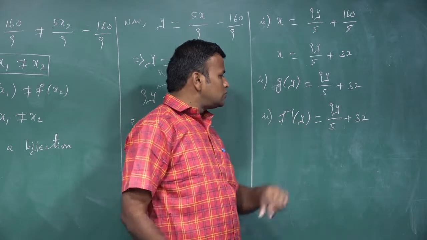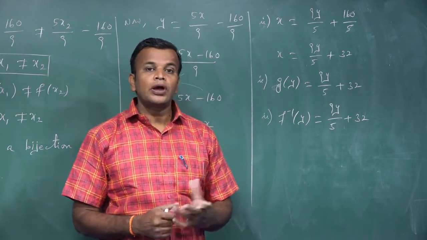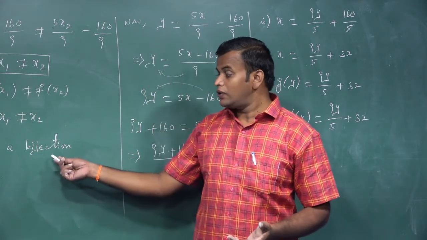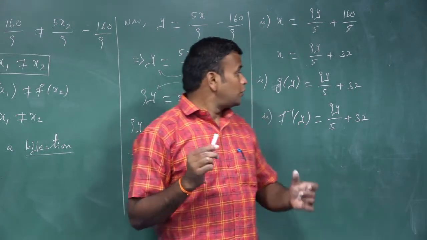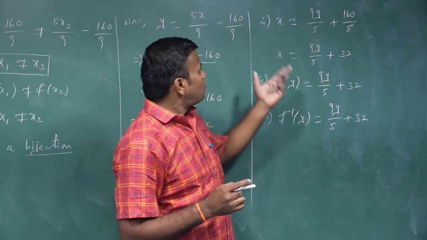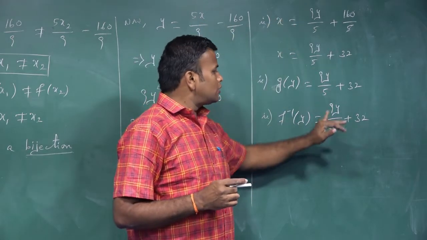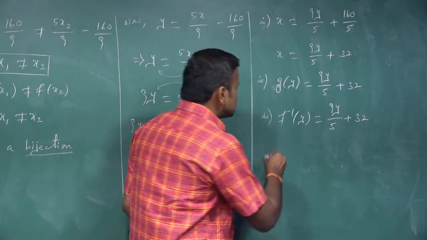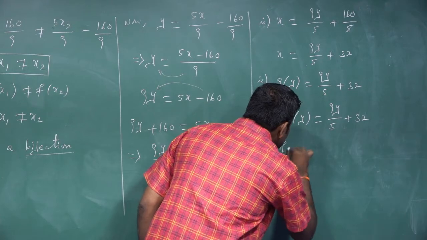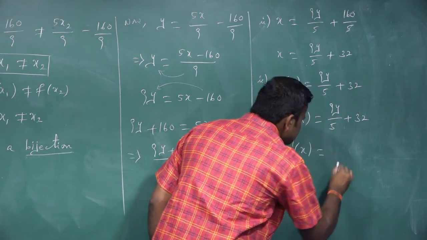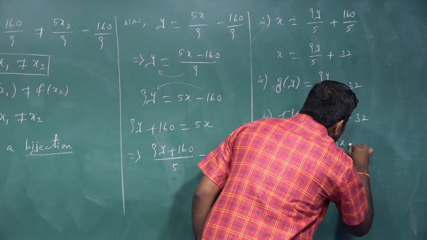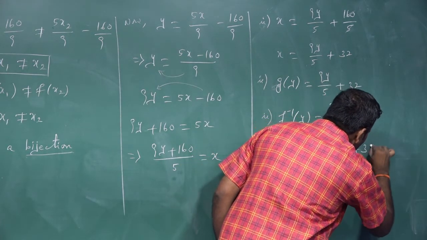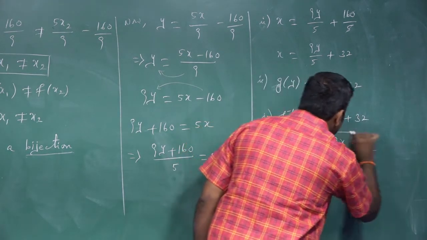Why do we say it is the inverse of f, sir? Because f is a bijection function. We already proved f is a bijection function. Therefore, the inverse is possible. We find from the given function the other one, which is the inverse. That is, we change the variable: f inverse of x, we replace y by x, 9x by 5 plus 32.